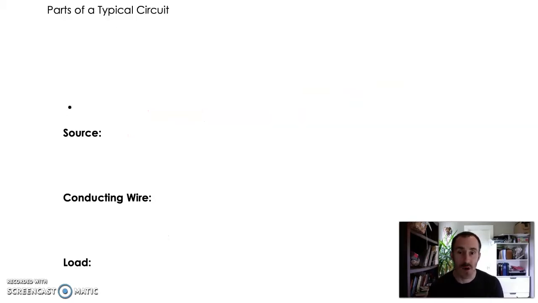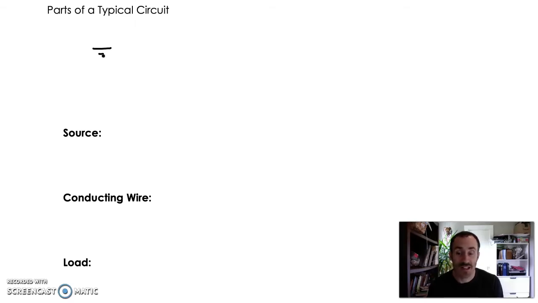Now let's talk about the parts of a circuit. We're going to use schematic symbols for a lot of this stuff because that's how you'll find them in actual circuit diagrams. So first of all, any circuit needs a voltage source. It needs a source of electrons to flow through the circuit. So we're going to make it look like this. Some voltage sources, this is all you get.